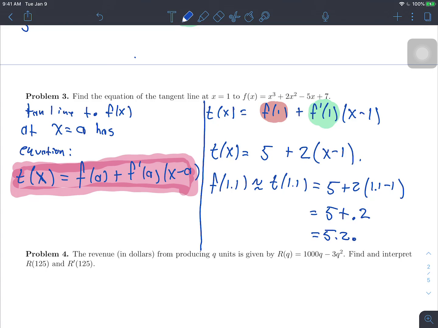So that's a way that we can use the tangent line to approximate the value of f at a point nearby. We could also just take 1.1 and plug it into f. If we put in 1.1 here, we're going to get a number which is fairly close to 5.2, but not exactly 5.2. All right, that's it for today.